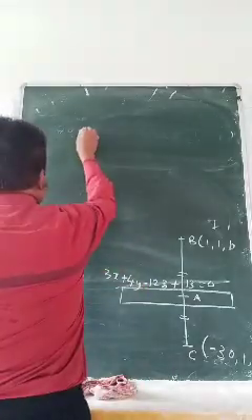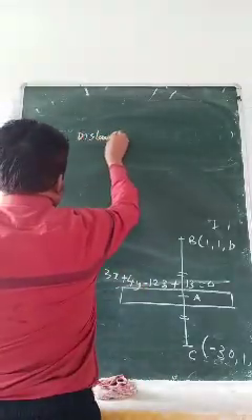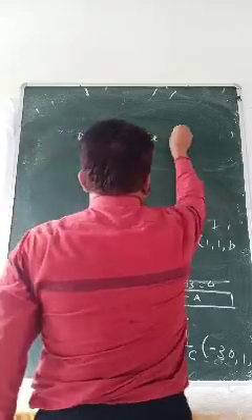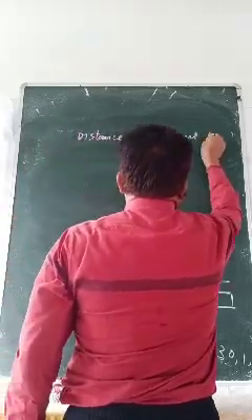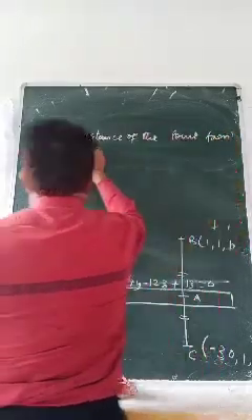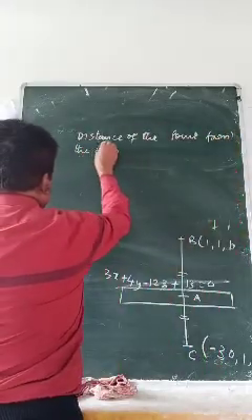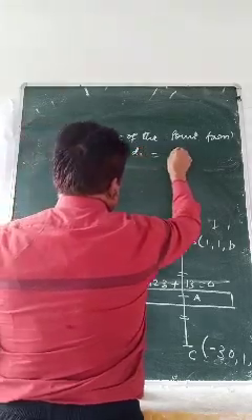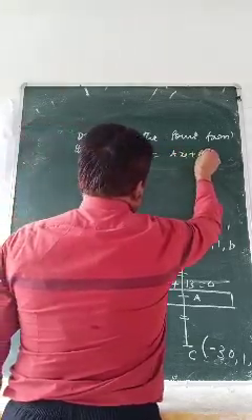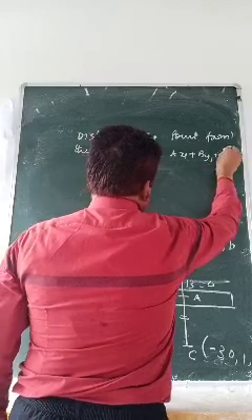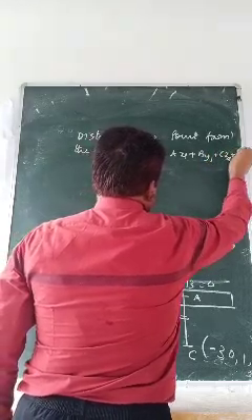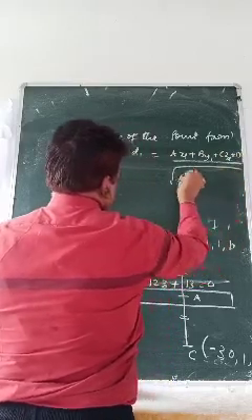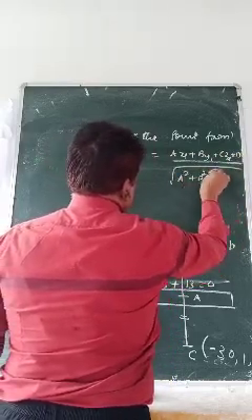Distance of the point from the plane. What is the formula? D1, suppose, ax1 plus by1 plus cz1 plus d by root over of a square plus b square plus c square.